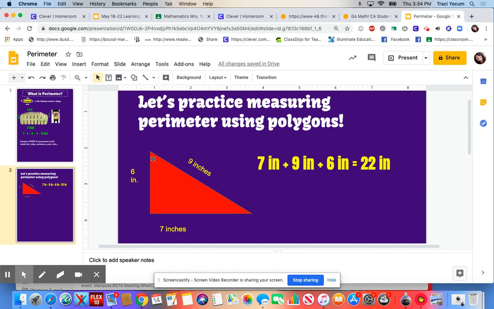And so all I simply would have to do then is measure 7 plus 9 plus 6, which would equal 22. And I cannot forget to include my unit of measure, which is inches. So the perimeter of the scalene triangle would be 22 inches.